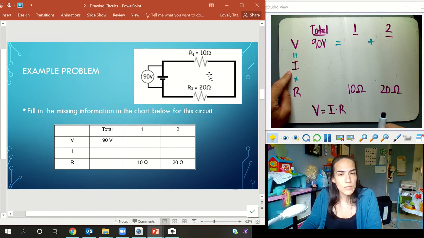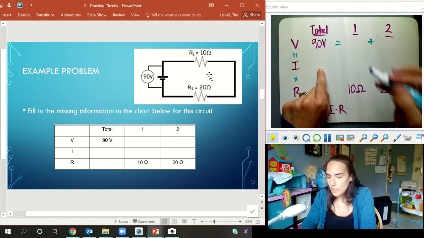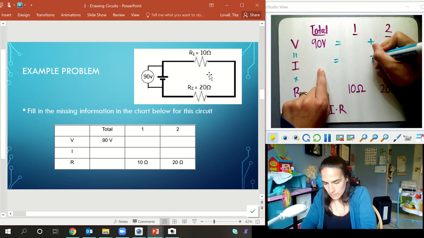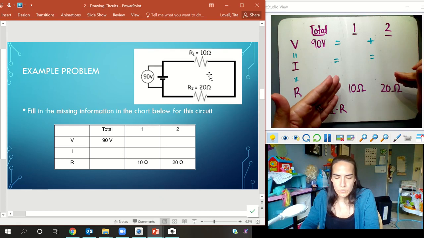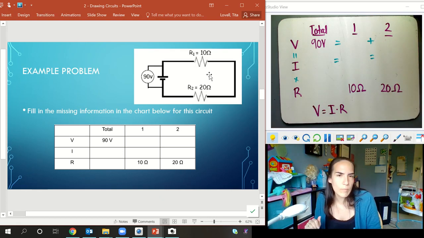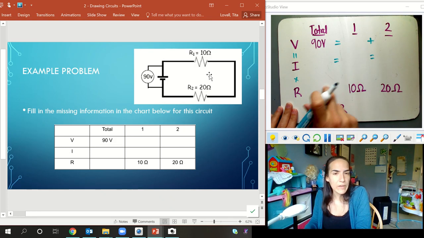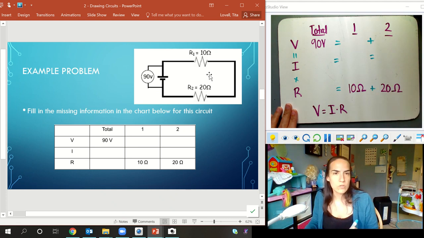For a series circuit, our total current, which we do not have at this moment, is going to equal the same current that goes across the first resistor and the same current that goes across the second resistor. Again, you don't have to do these. This is just a way to help think about what that would mean in terms of calculation. For our resistance, the total resistance that we currently don't have is going to equal the resistance for each of the resistors in your circuit.